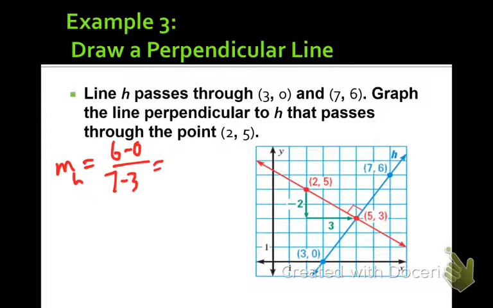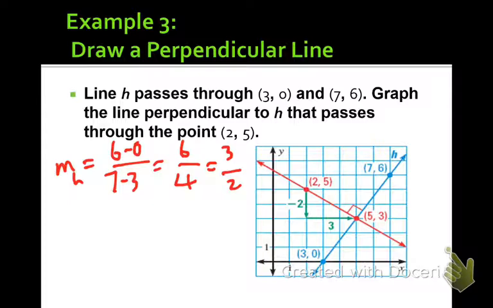That's going to be 6 over 4, which is equal to, no, it's not 2/3, it equals 3/2. 3 over 2.